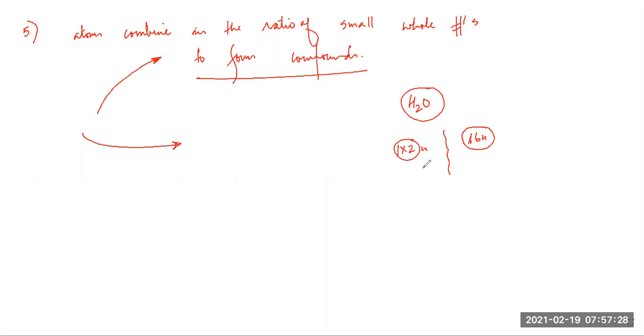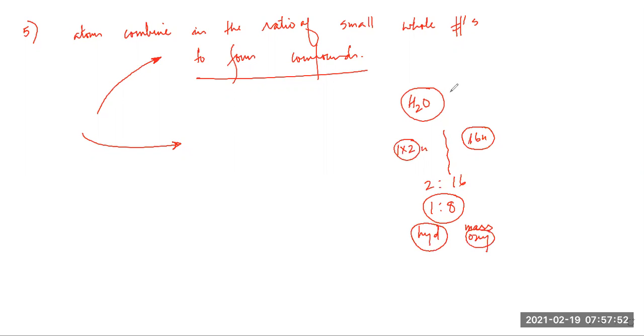So 2 is to 16, which means 1 is to 8 would be the ratio by mass of hydrogen and oxygen in any given quantity of water.